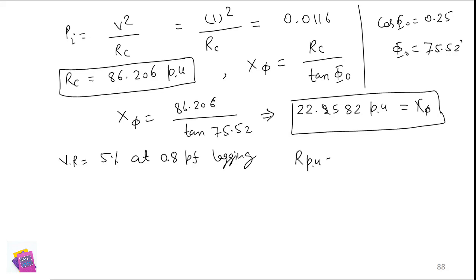Already you have calculated, equal to P copper full load. This is something 0.01932 per unit.